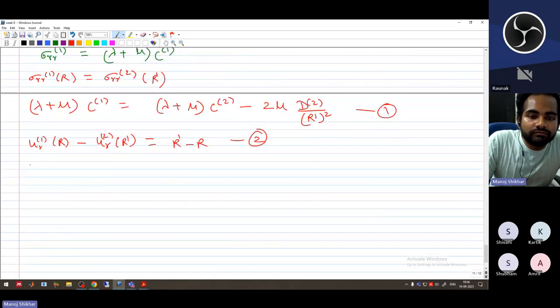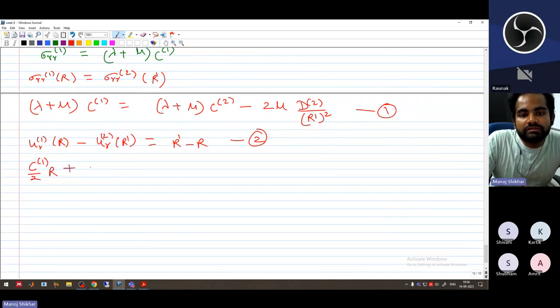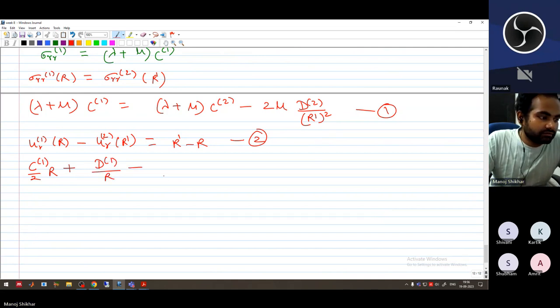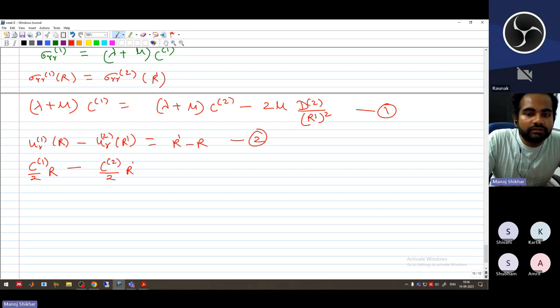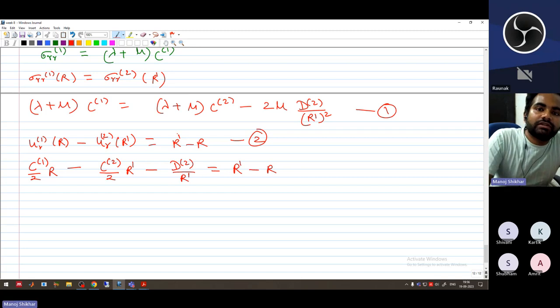So C1 by 2 times R plus D1 by R minus, D1 is 0 so this will not be there, minus C2 upon 2 times R1 minus D2 upon R1 equal to R1 minus R. So this should be our equation number 2 actually.